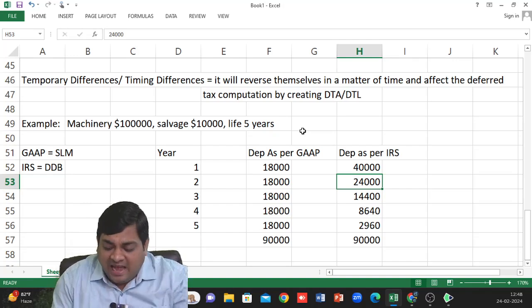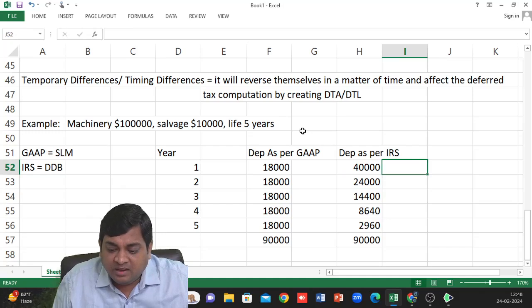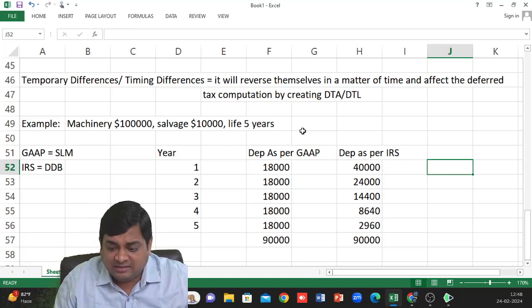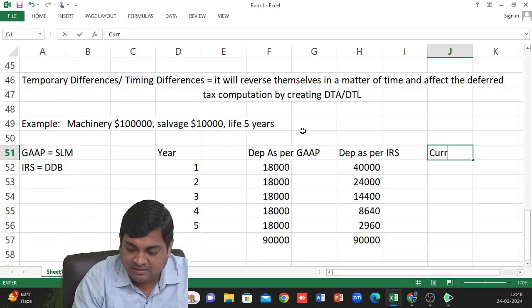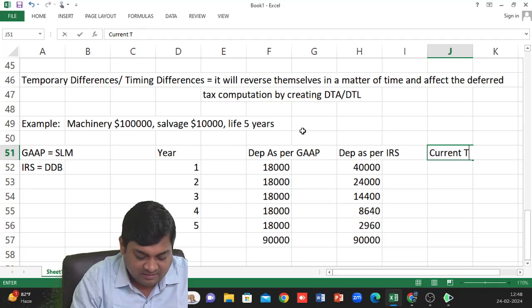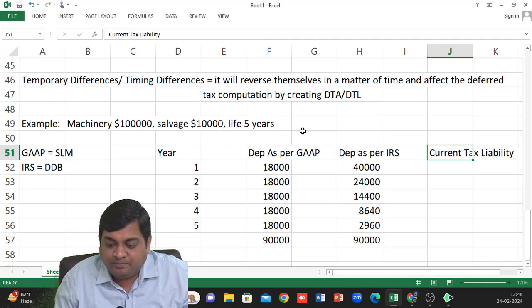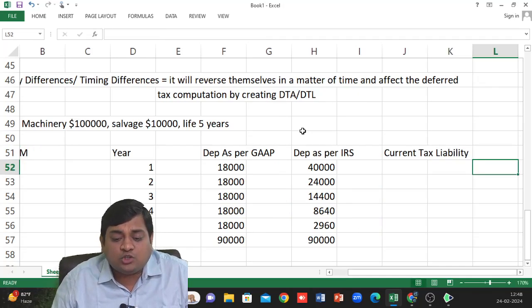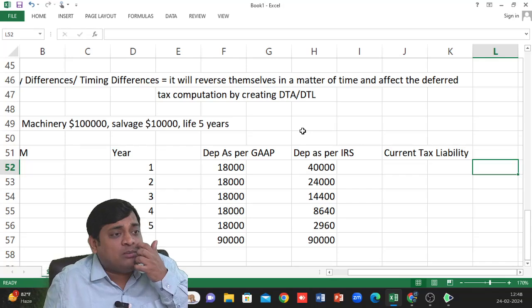So now you can see that in IRS, current tax liability, what amount is shown in pre-tax accounting profit?